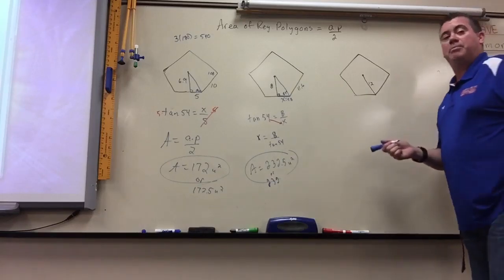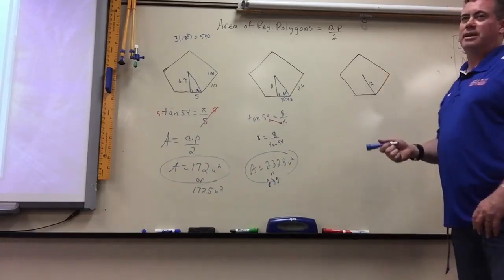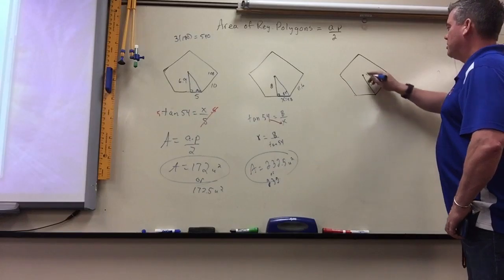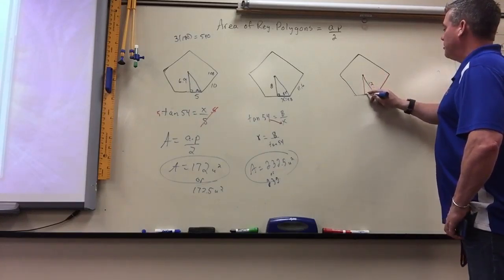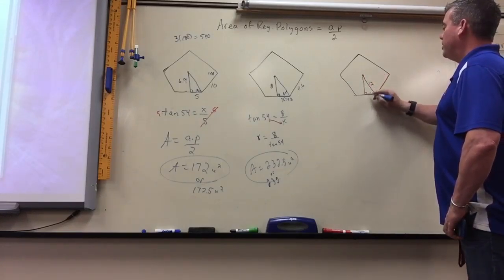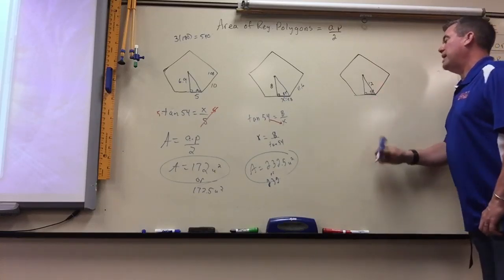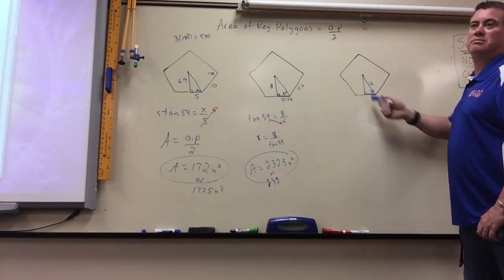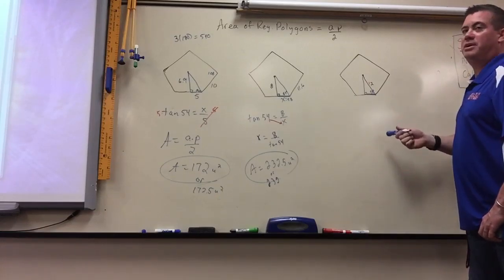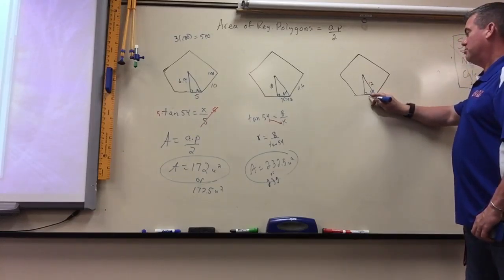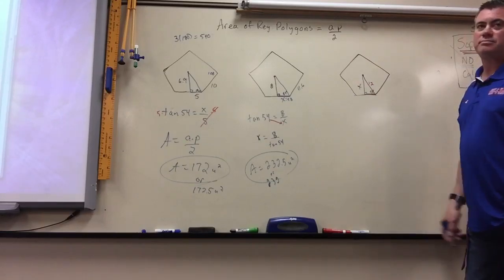So the third type is they give you the radius. So we don't know either of them. So you got to draw a right triangle. We know that's 54. So we got to find both of these now. Doesn't matter which one you find. I'll just find this one.